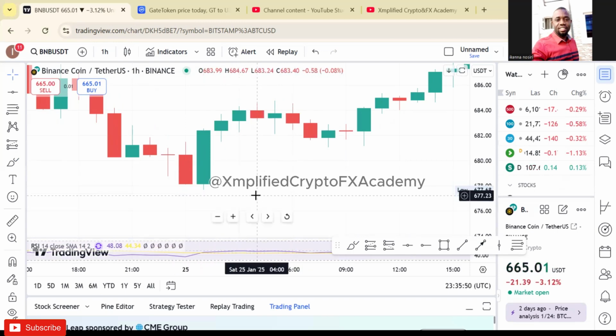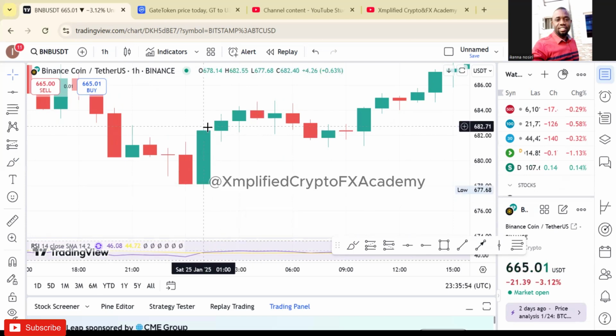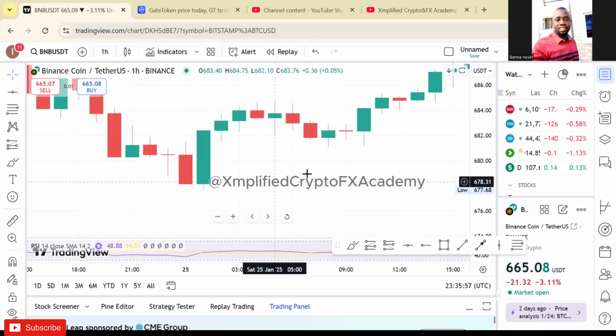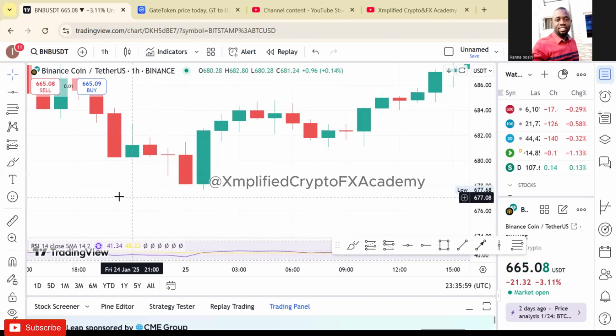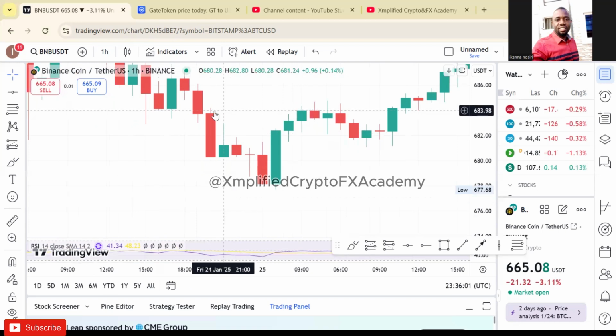Again, the market opens at the bottom of the body of the candle and closes at the top of it. Then in reverse, for the red candle, the market opens at the top and closes at the bottom, showing you that the opening price is higher than the closing price. So the market is dipping. People are selling off. So this is just the basic interpretation or basic understanding about candles.